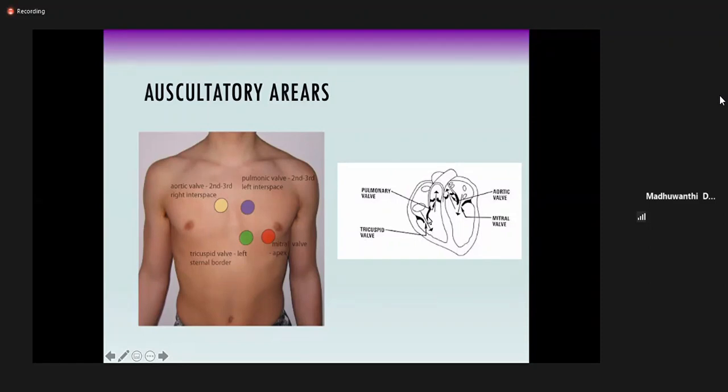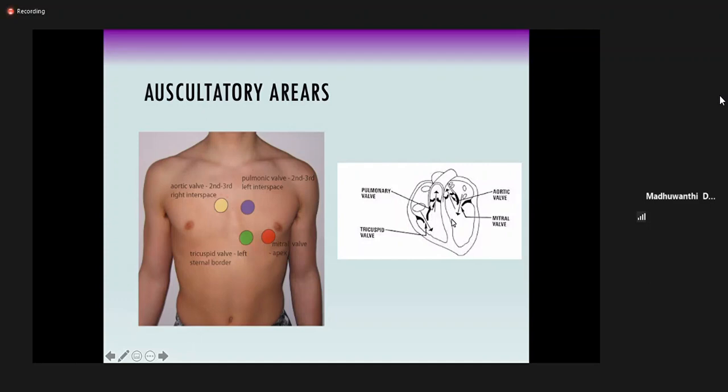These murmurs are projected onto the precordium, or the surface of the chest wall. If you listen with your stethoscope at this particular site, you can identify an abnormal sound or a murmur more easily.